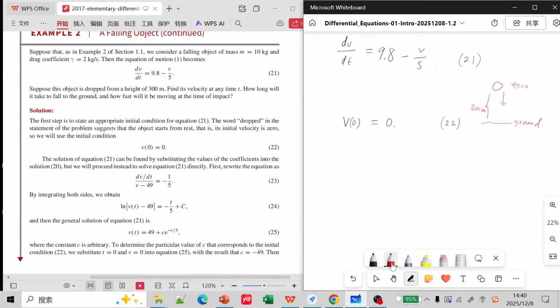Okay, let's write it. 23 is dv over dt over v minus 49 is equal to minus 1 over 5. This is equation 23.